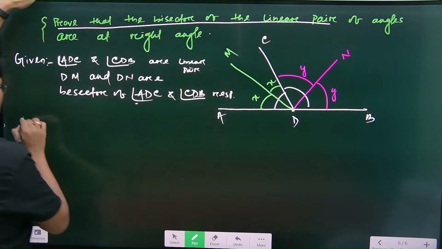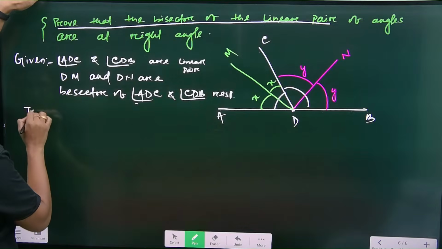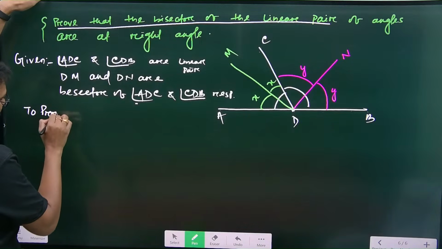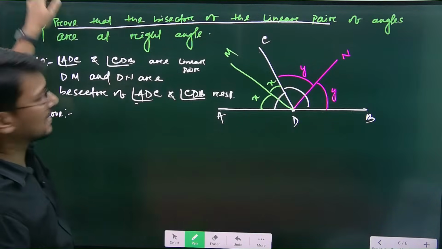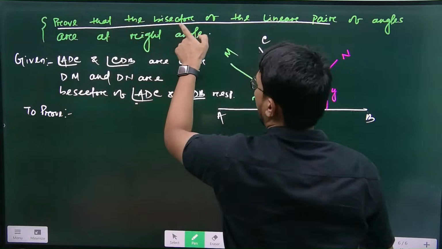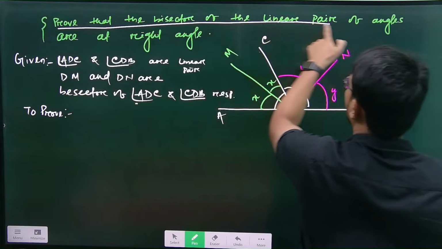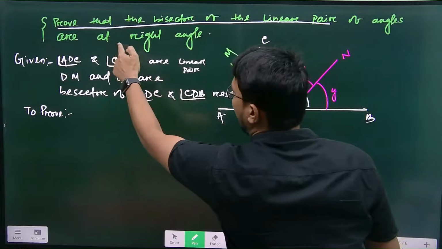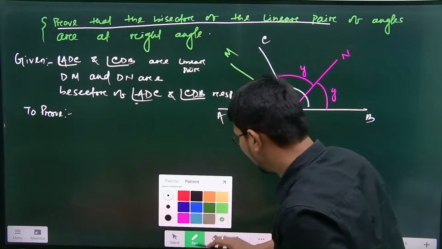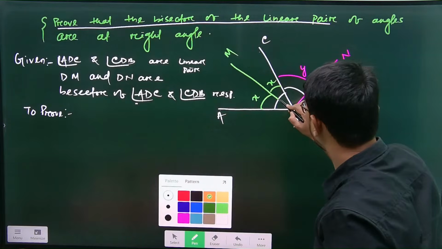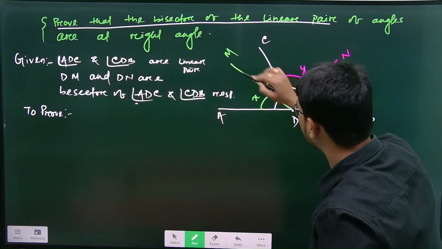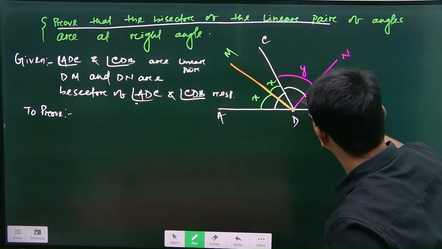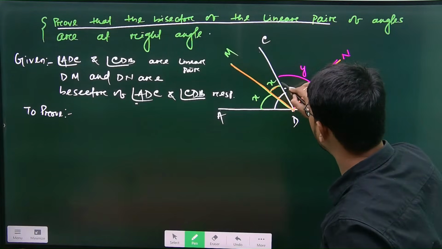Okay? Then children, what is to prove? What is asking to prove? Prove that the bisectors of the linear pair of angles are at a right angle. Meaning, we have to show that the angle between these two bisectors is what?